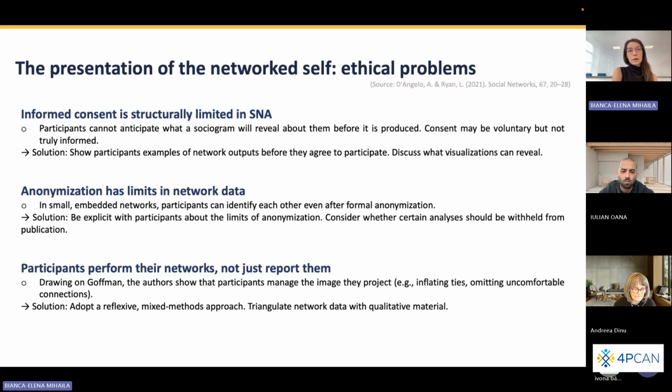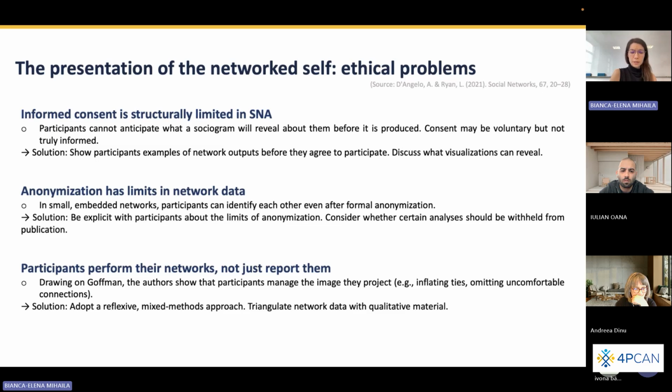Also, you need to be aware as a researcher that you may work with small networks.